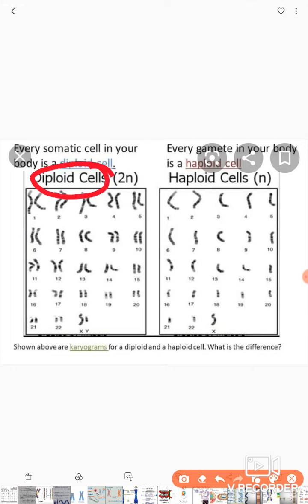But when we produce a gamete like the egg cell or the sperm cell in males, the number of chromosomes here, you can find it out, they are the same 22, but here 23, sorry, only one set of chromosomes is present. That's why these gamete cells are called haploid cells.